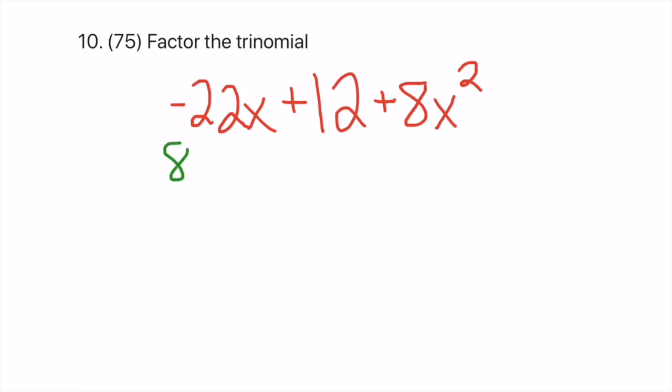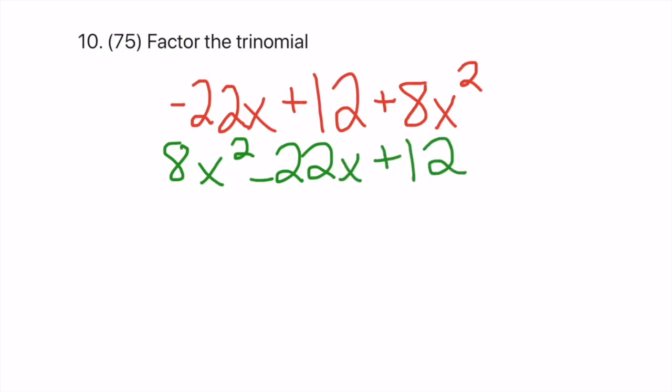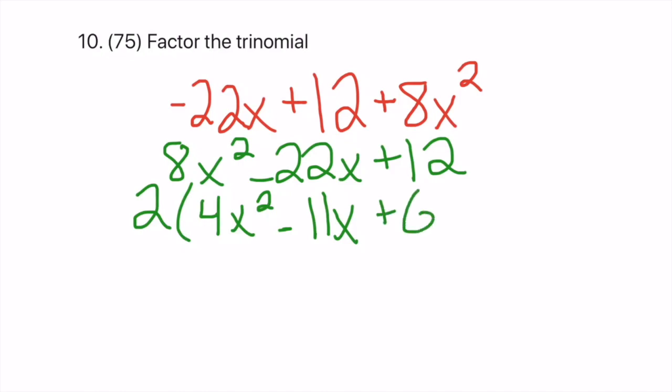So we're going to have 8x squared minus 22x plus 12. All right, so now it's in the correct order. And now I'm going to factor out a 2 because they're all even numbers. That's the GCF. And I'm left with 4x squared minus 11x plus 6.